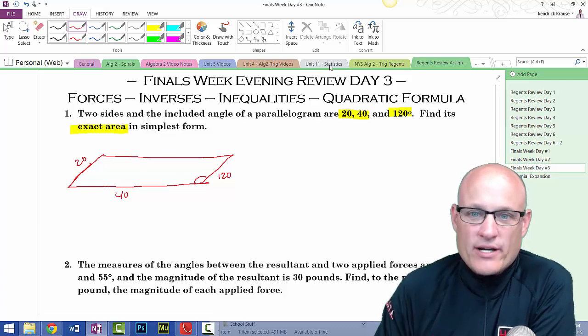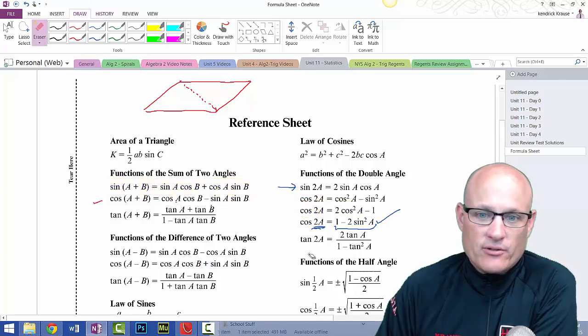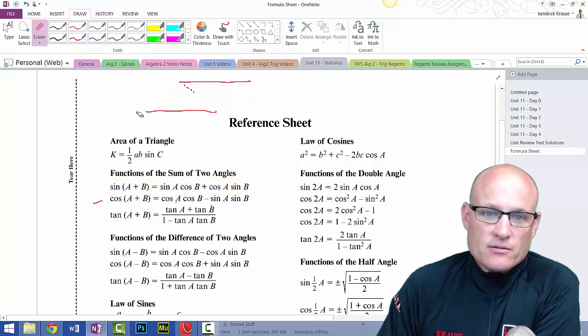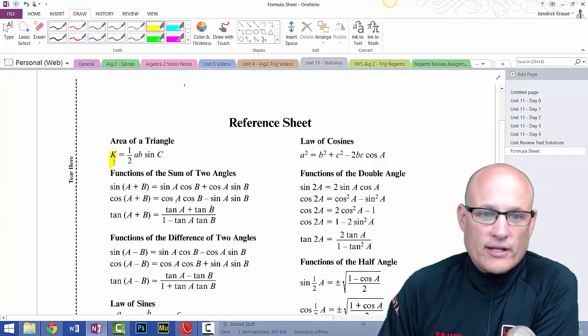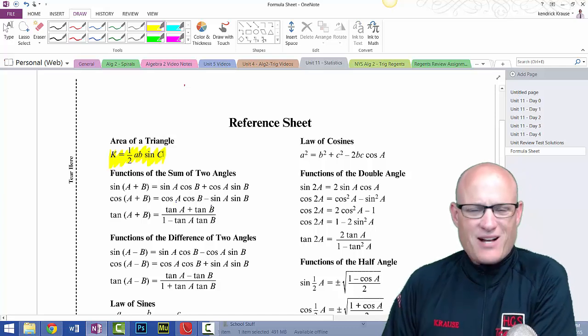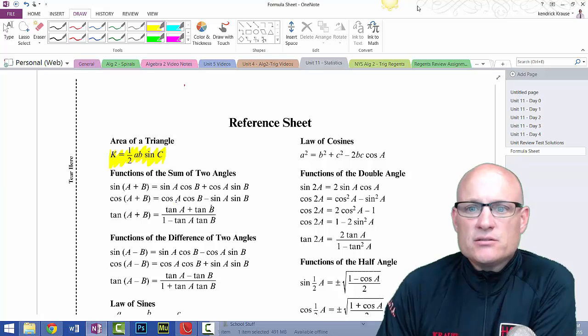We only really have one area formula that we are going to be using. It's the area formula of a triangle, not the area formula of a parallelogram.